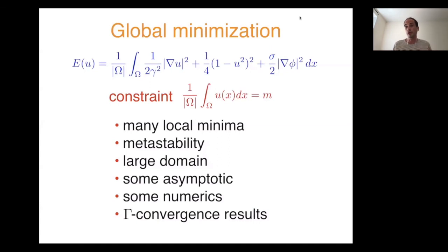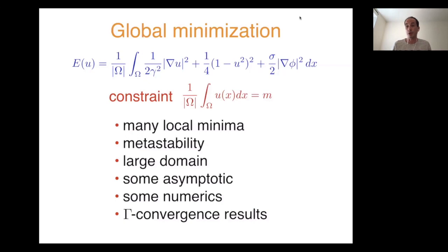In an asymptotic sense, some results are known. When gamma becomes really small and m is close to plus or minus 1, then there are gamma convergence results that say things about what must happen in these limits. But that's only in the limit. Then there's of course some numerics that gives you indications of what you may expect but not a proof.